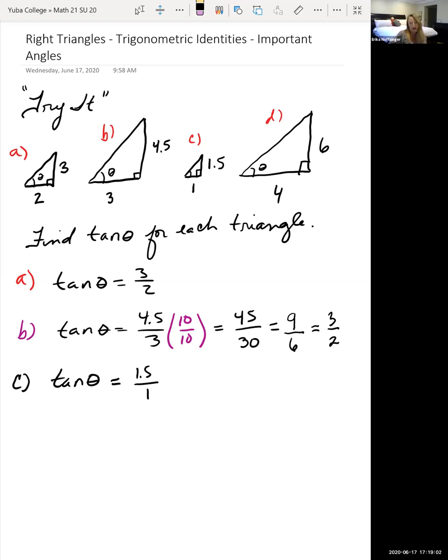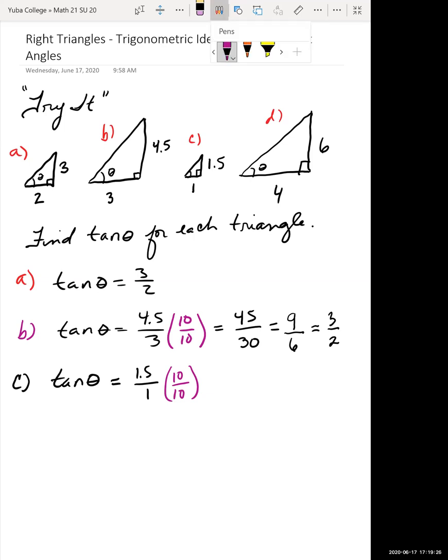So we always want to write it as a fraction. So 1.5 over 1. But again, if we want to rewrite this so that this fraction doesn't have a decimal, what fancy one would I have to multiply this by to get rid of that decimal? So again, 10 over 10.